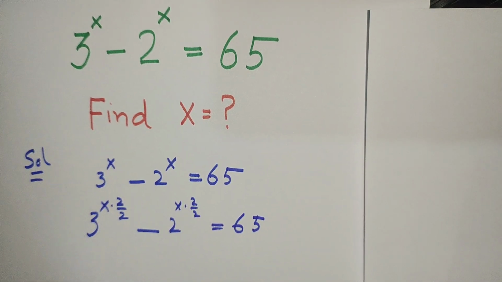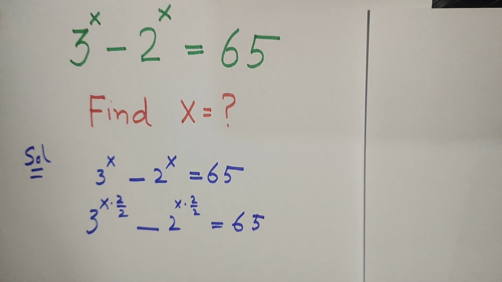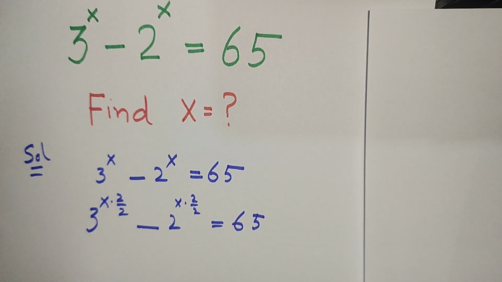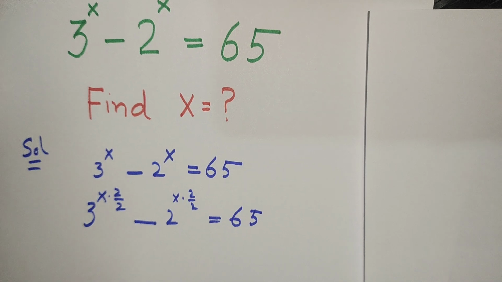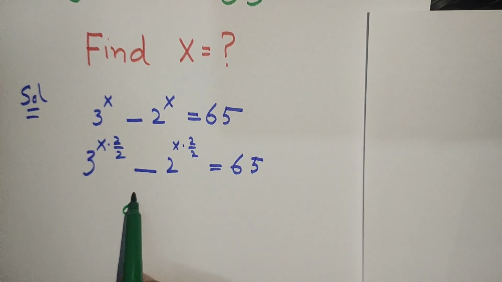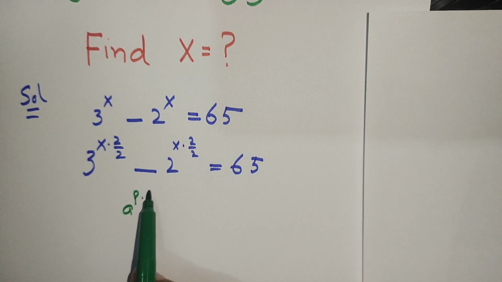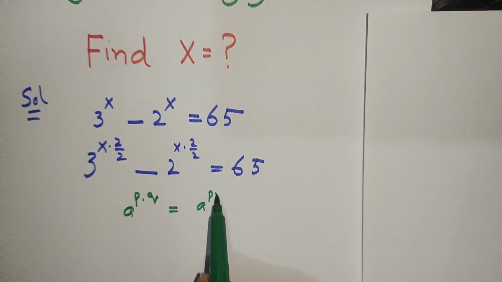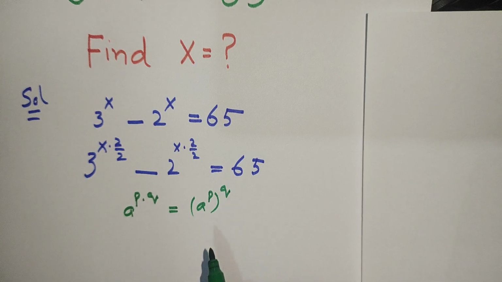Okay. Now, what will we do next? We know that we can interchange. We have a very simple algebraic technique that if we have a raised to power p into q, it can be written as a raised to power p whole power q.